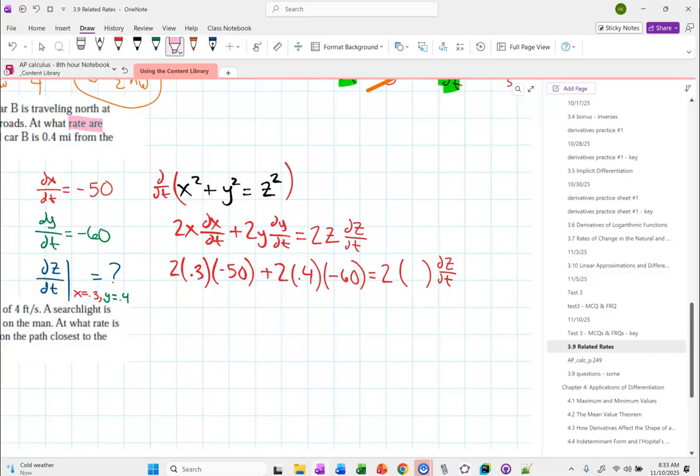Anthony's 100% right that this z we can find because at this point we know x is 0.3 and y is 0.4. So z has to abide by the Pythagorean theorem.